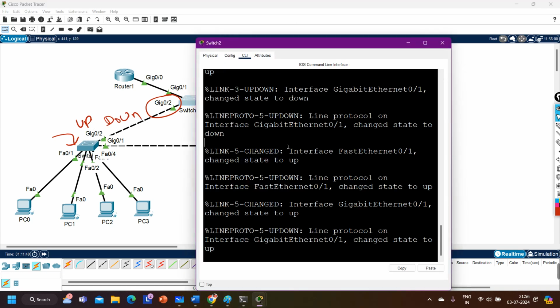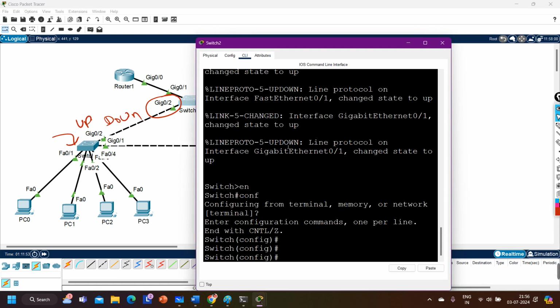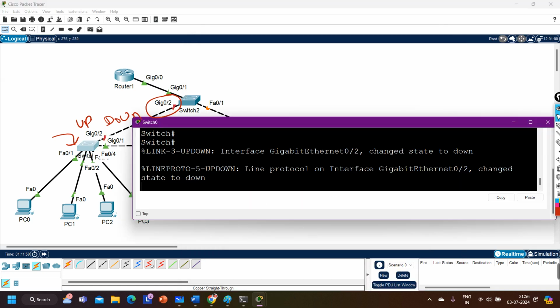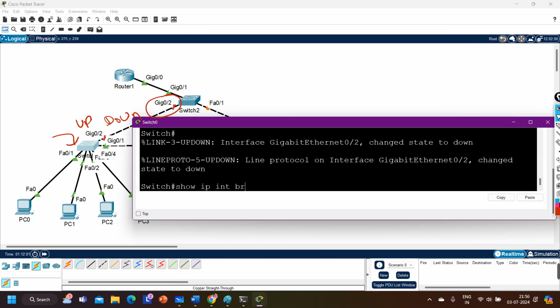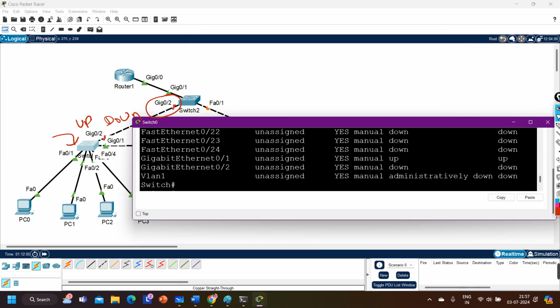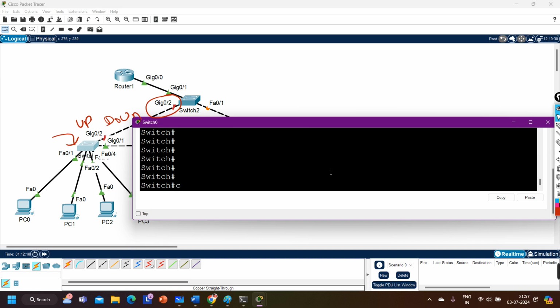Like on switch number 2, go to interface G0/2 and say shutdown, right? Now go to this switch and see show ip interface brief. 0/2 status is up, line protocol is down, right?